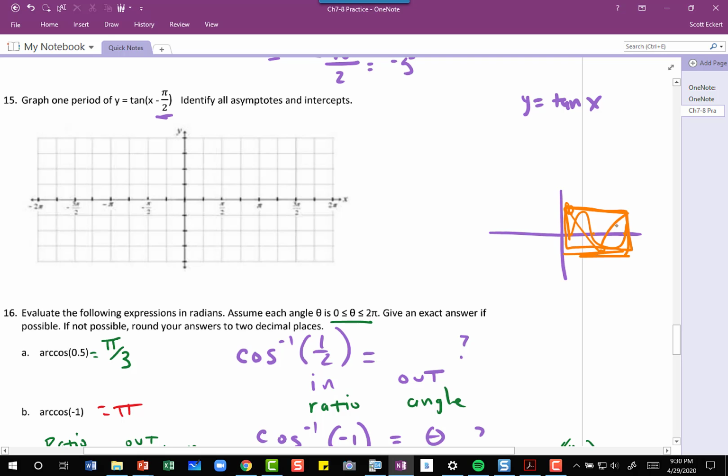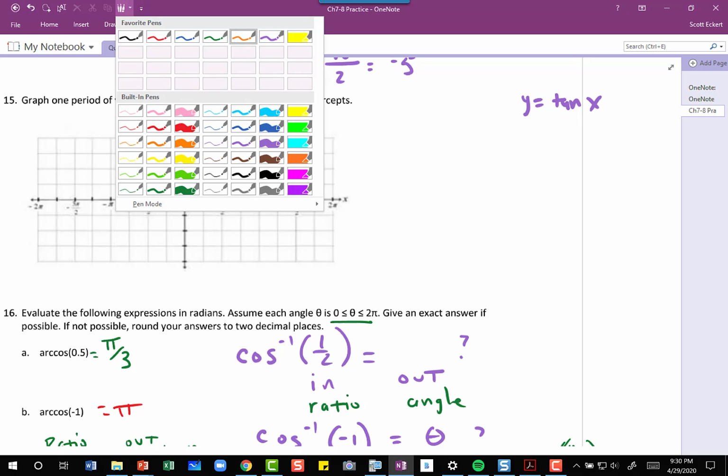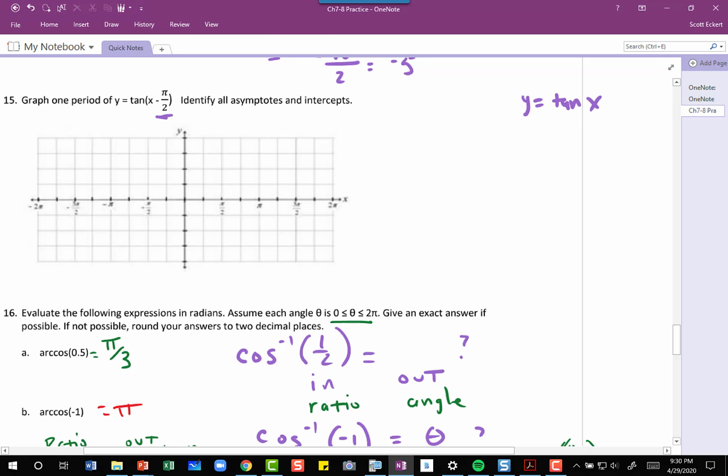But tangent also has a window, but unlike sine and cosine, the origin is actually in the middle of the window.